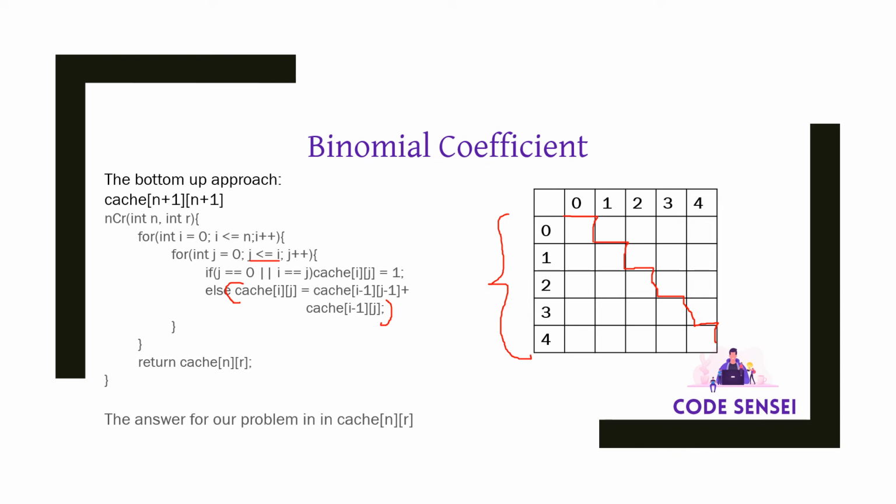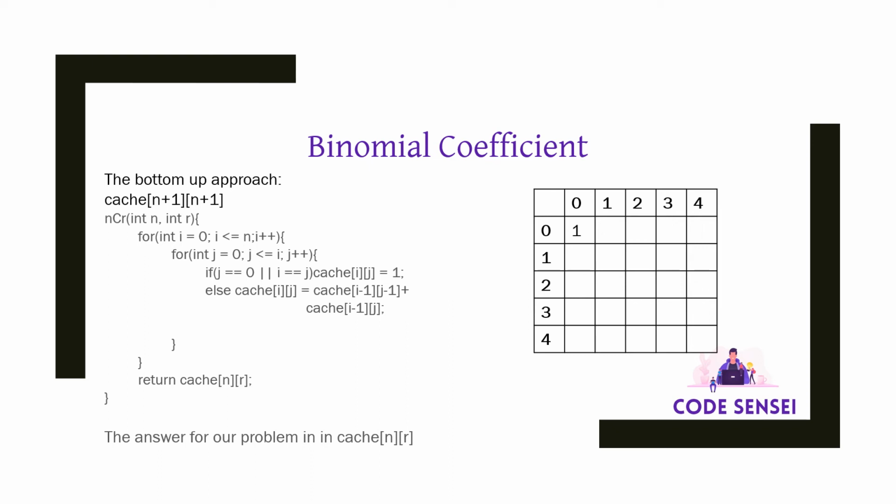So let us try to do it. So let's first take the value of i as 0 and the value of j as 0. For 0 comma 0, what will be the value? Here j is 0, right? So automatically the value of it will be 1.